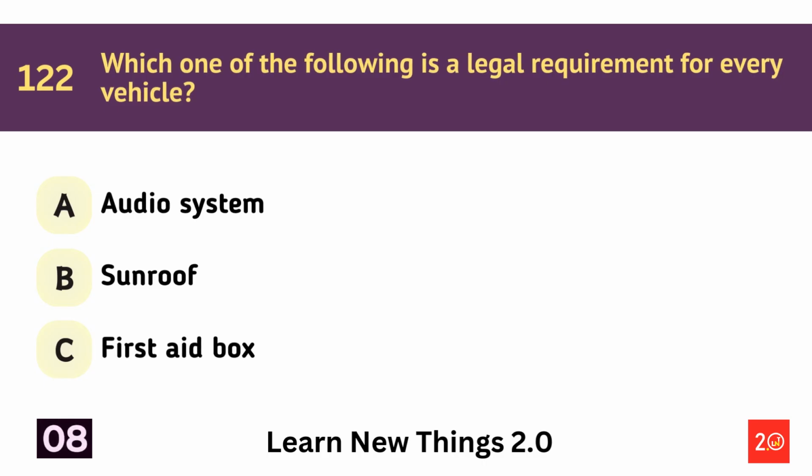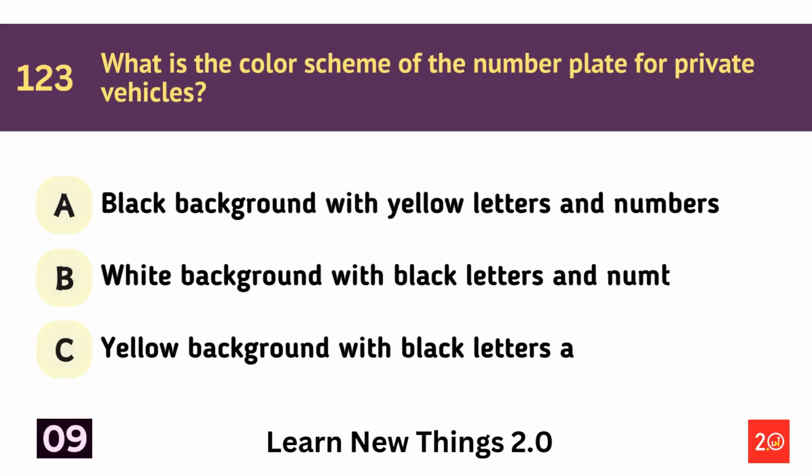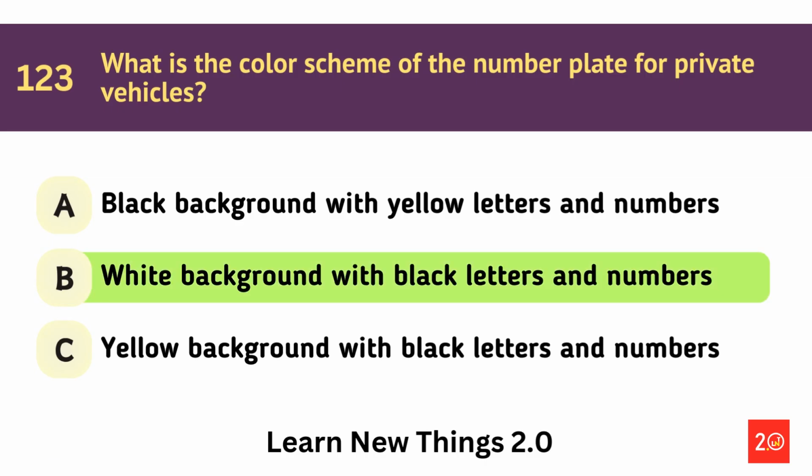Which one of the following is a legal requirement for every vehicle? First aid box. What is the color scheme of the number plate for private vehicles? White background with black letters and numbers.